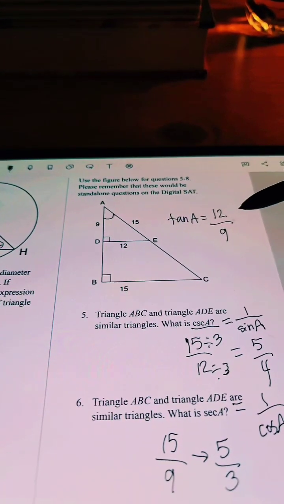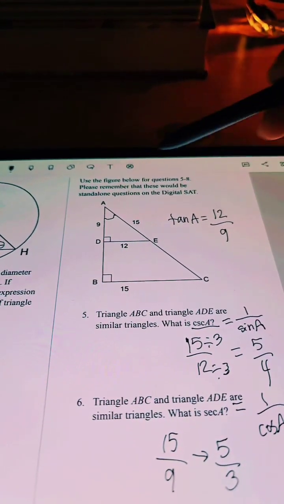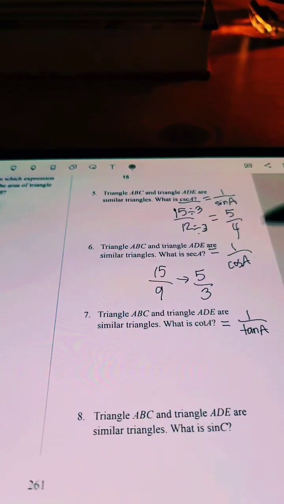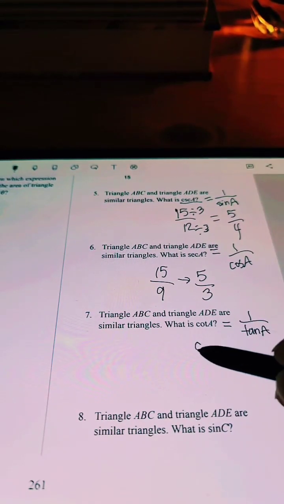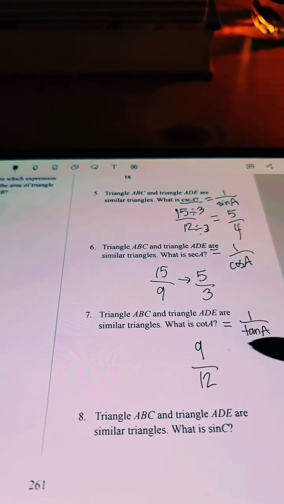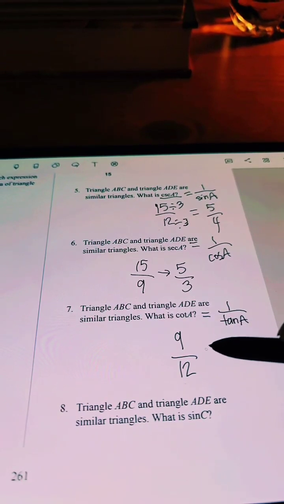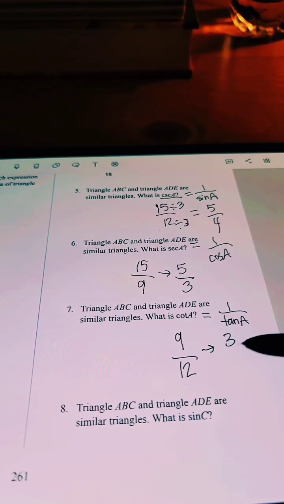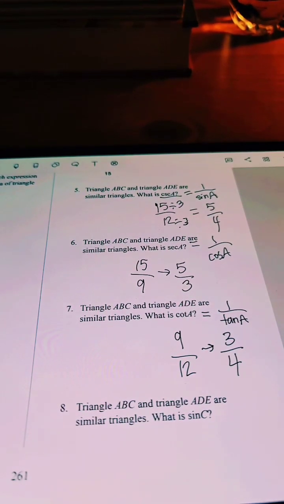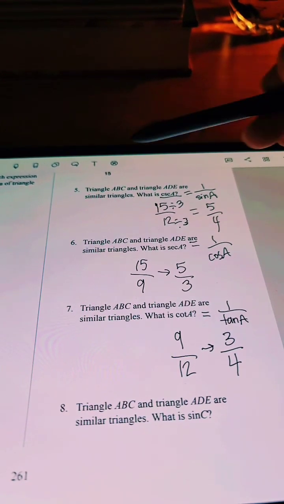Then we have to flip that upside down for cotangent. So it's going to be 9 over 12, then simplify by dividing by 3 on top and bottom, and that's going to give me 3/4 as my answer.